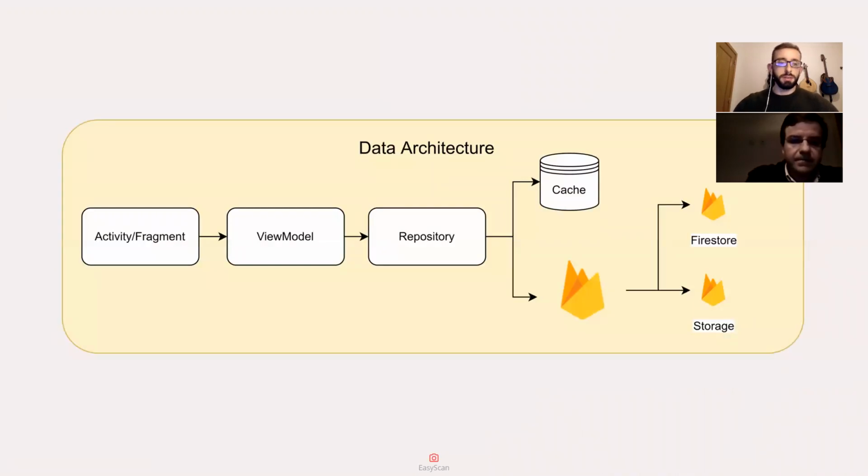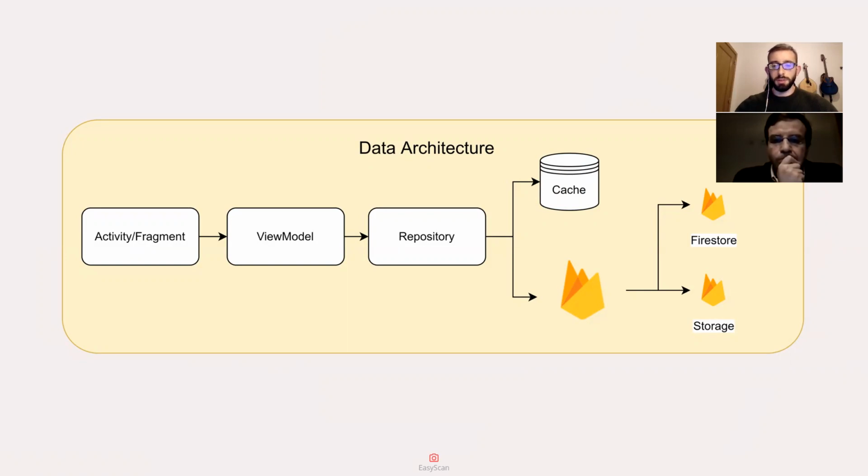So, hello everyone. I'm going to talk a bit more about the data architecture that we used in the development process. We used the MVVM architecture, Model-View-ViewModel, in order to isolate the backend from the front end.